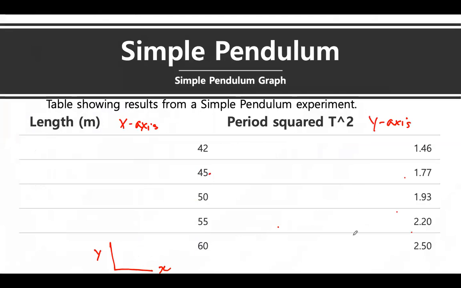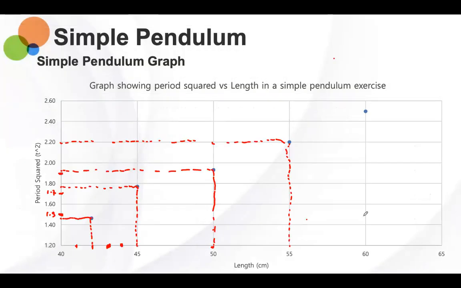So let's go back. We have the last point here. We have 60 and we have 2.5, right? So we see 60 here on our x-axis. We match that up on our x-axis to this particular point, and then we have 2.5.